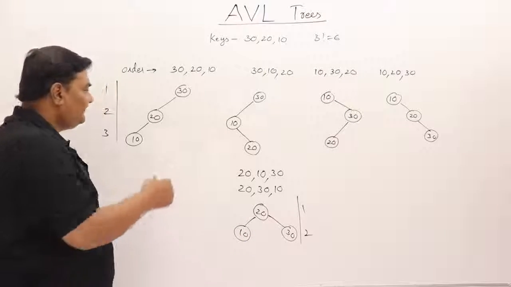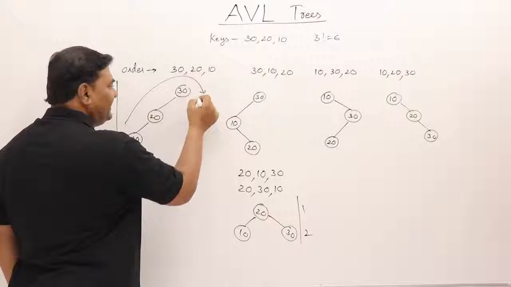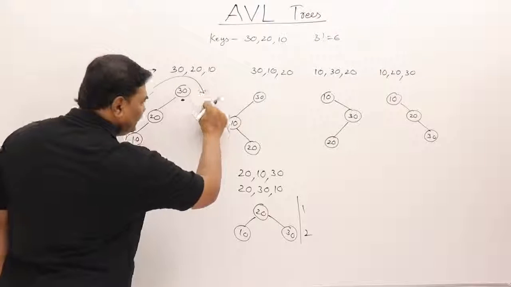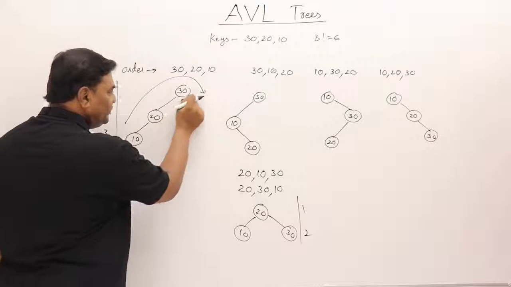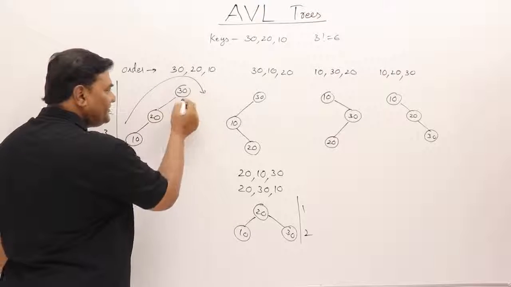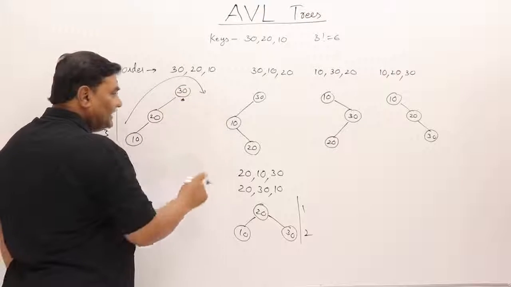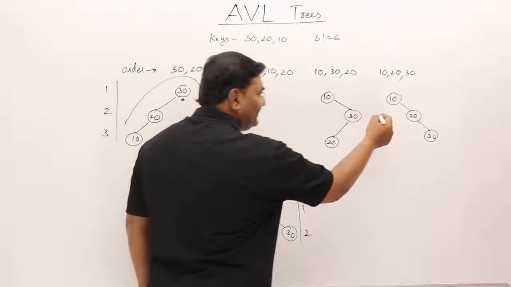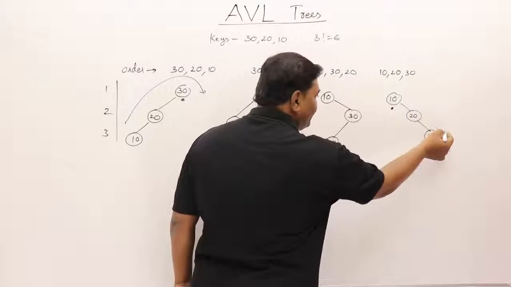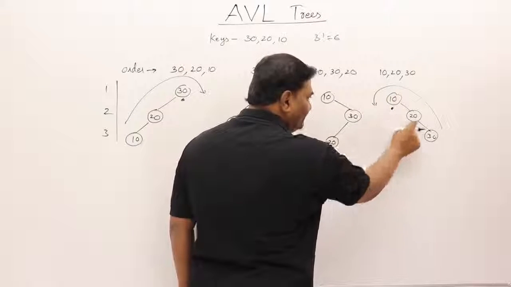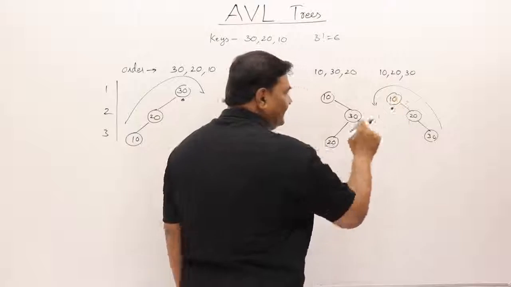So for that we define rotations. We rotate this tree around this node, that is, we pull this 30 on this side. So 20 will move up and 10 will move to this place. So we perform rotation around this node and change the shape like this. And similarly we rotate this tree around this node and change the shape. So 10 will come down, 20 will come this side and 30 will come this side.